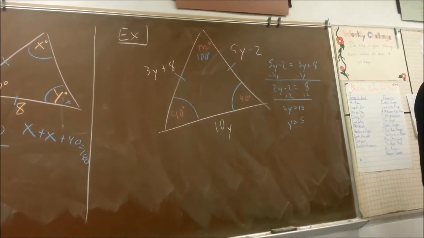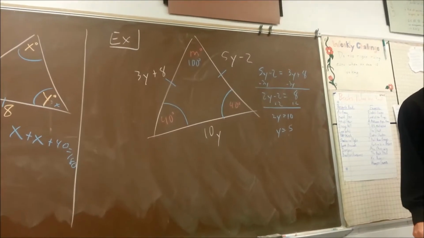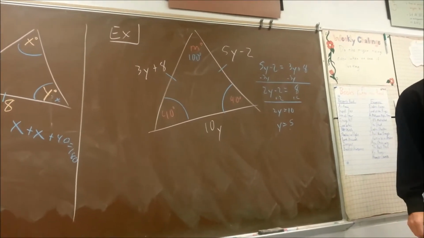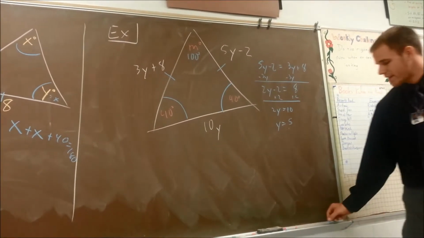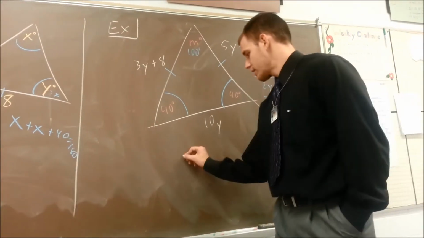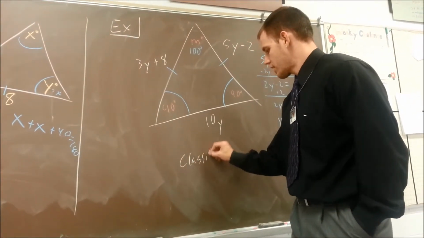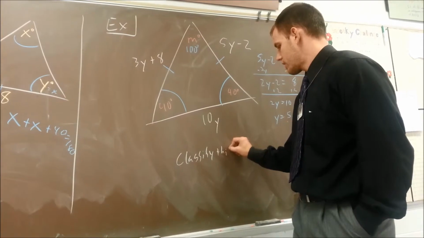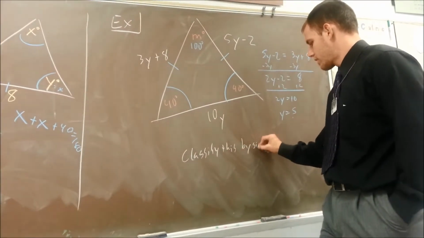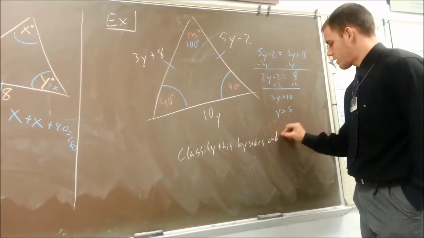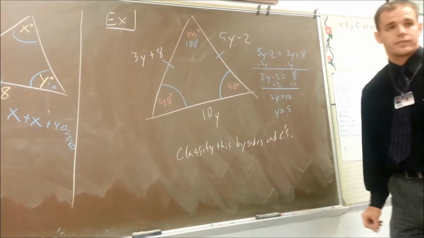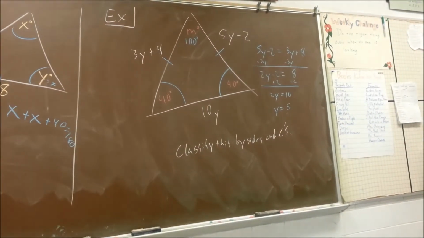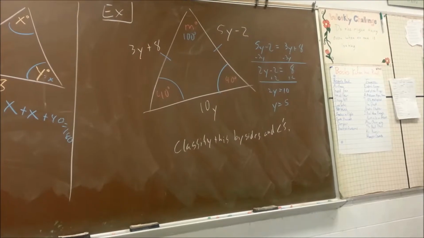Great. Now, Mr. Kuhne's going to ask you to classify this triangle by its sides and by its angles. What kind of triangle is this? Classify this triangle by sides and angles. Is it obtuse? Is it acute? Is it right?